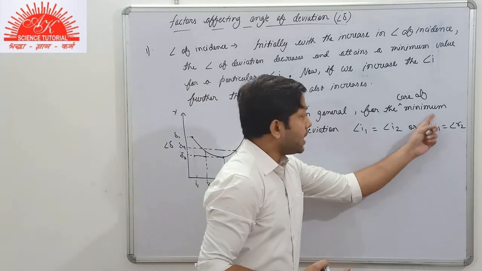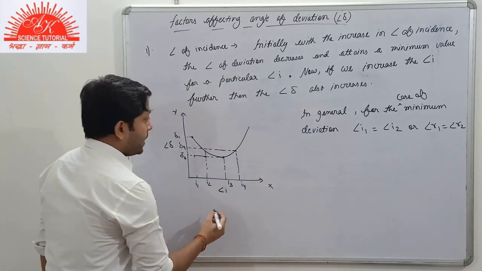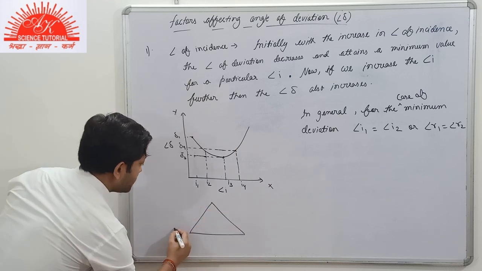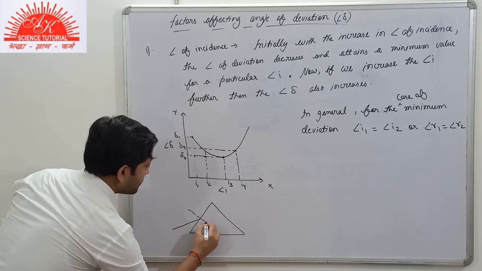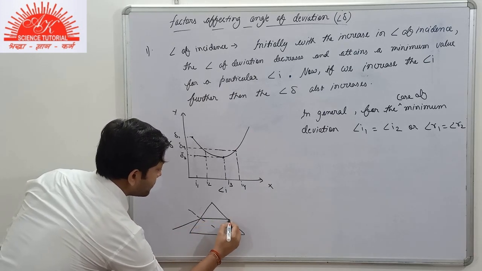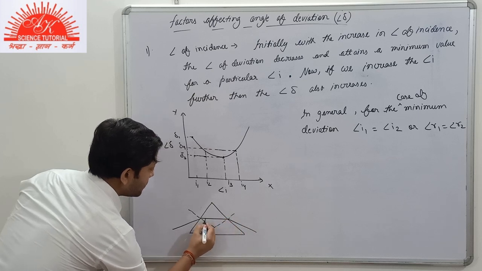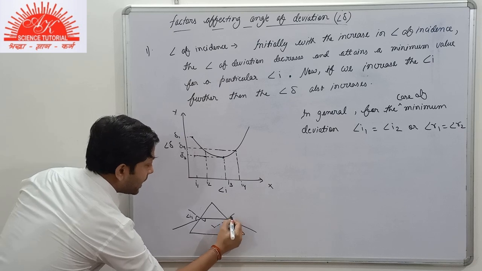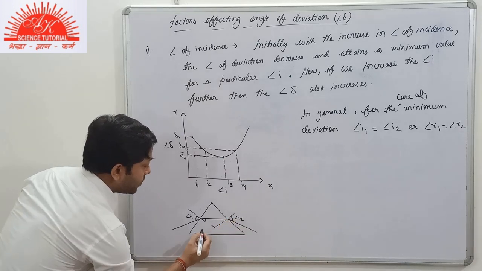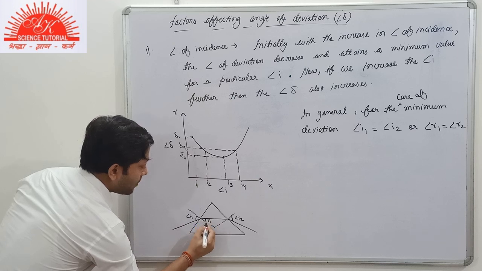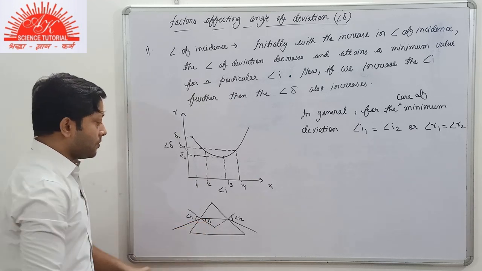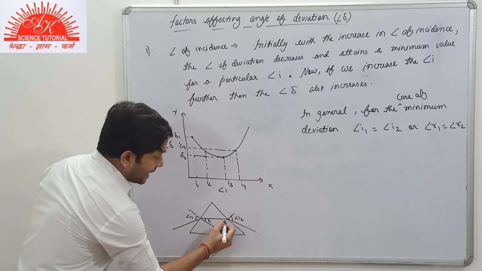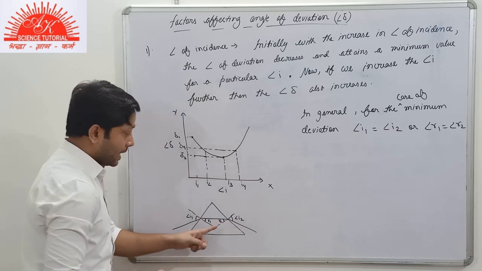I told you about this R1 and R2. This R1, what is it? I'll draw the figure here. This was our angle of incidence, that is I1, and this was our angle of emergence, that is I2, and this angle, that is R1, was the angle of refraction for the first refraction, and when the light refracted for the second time, then this R2 was the angle of incidence.